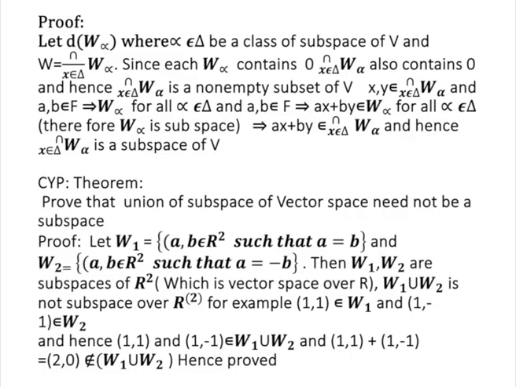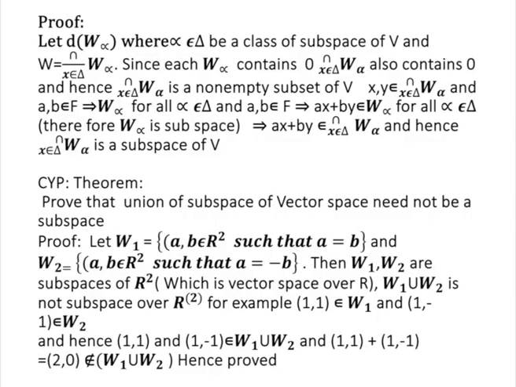Here W1 equals the set of (a, b) in R such that a equals b, and W2 equals the set of (a, b) in R such that a equals minus b, both subspaces over R. Here W1 union W2 is not a subspace over R. For example, (1, 1) belongs to W1 and (1, minus 1) belongs to W2, and hence both belong to W1 union W2, but (1, 1) plus (1, minus 1) equals (2, 0), which does not belong to W1 union W2. Hence proved.